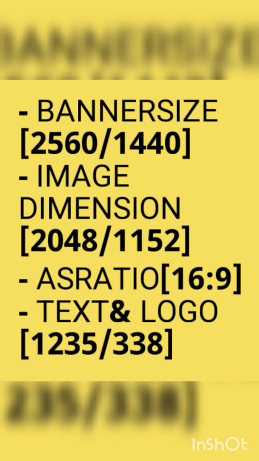Now, most importantly, YouTube also recommends a minimum image safe area for text and logos, which is 1235 by 338 pixels. And not to also forget a file size limit of 6 megabytes.